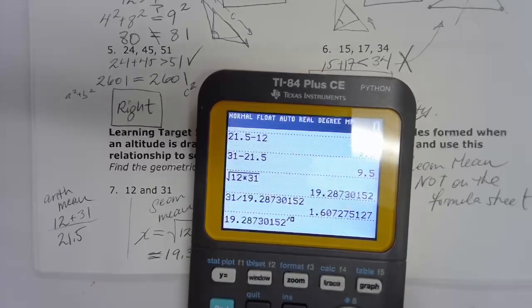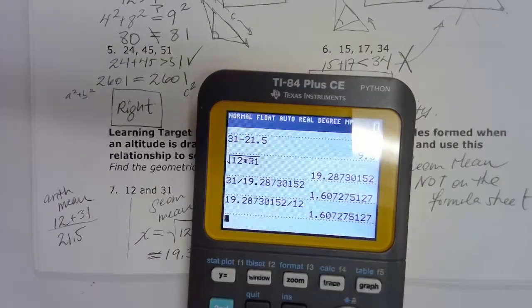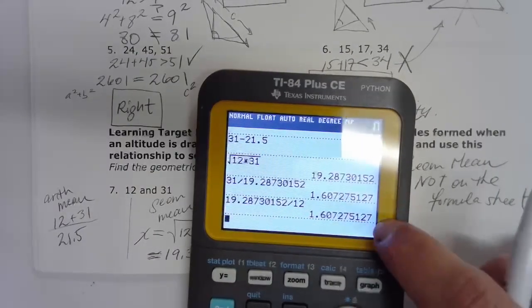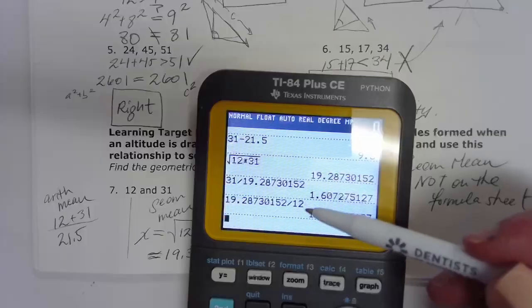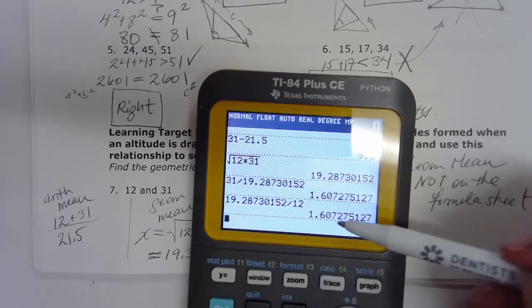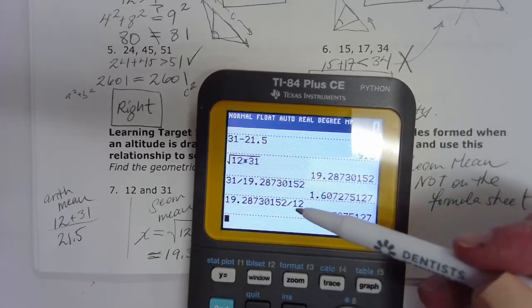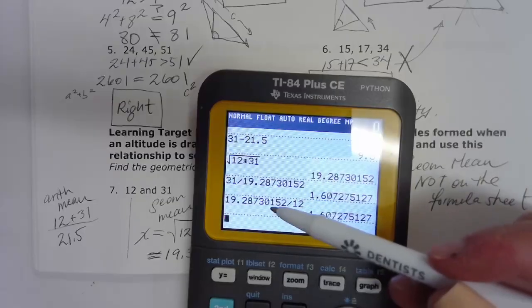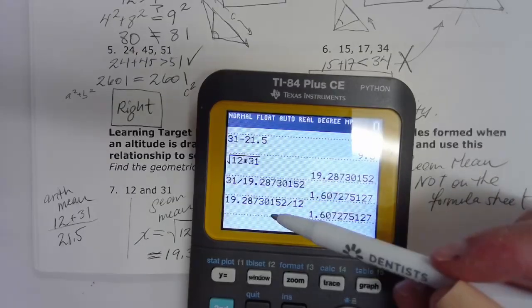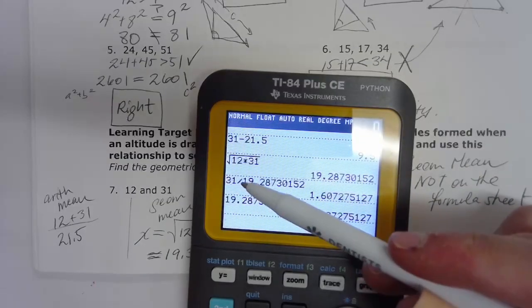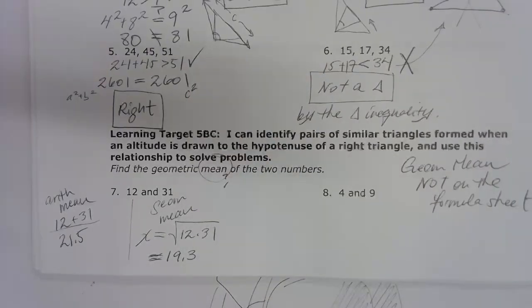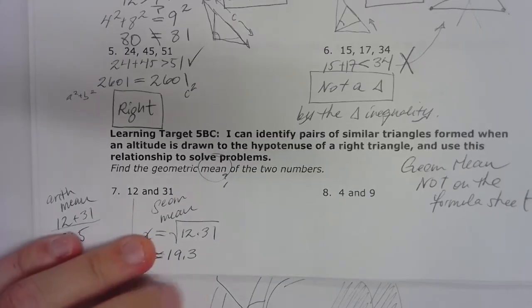And the geometric mean divided by 12 is also this number. So the geometric mean is like the middle if you're multiplying. If you multiply 12 by this number, you get this. If you multiply that number, the geometric mean, by this, that same number, you get 31. Okay? So this is the multiplicative middle, you could say, the multiplicative middle of what's going on here.